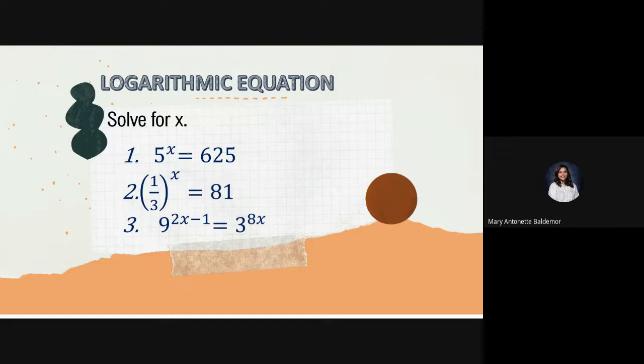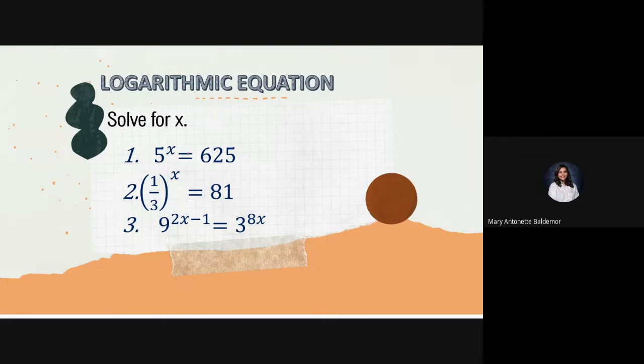Okay, so there should be the same base for us to get the value of x. Now let us try to rewrite 625 with base 5. So how many times are we going to multiply 5 by itself to get 625?